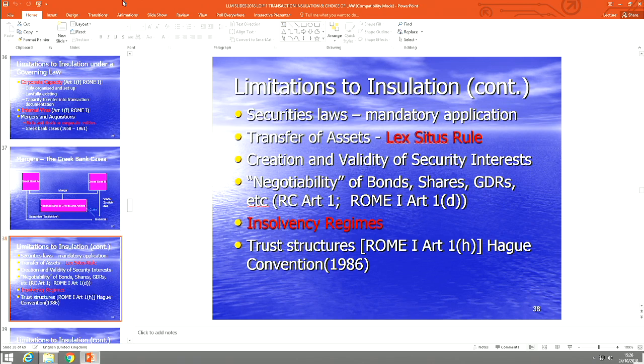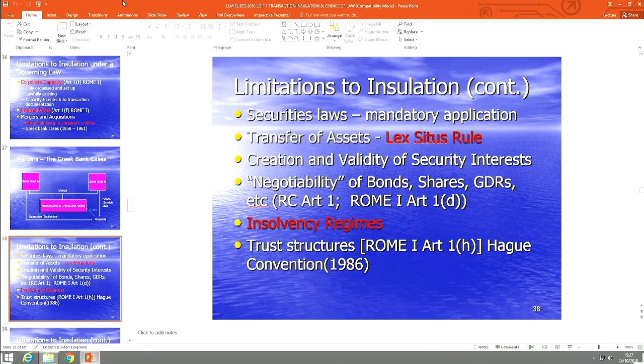Then there's the applicability of securities laws in relation to securities transactions like bonds, MTNs, GDRs, etc. Then you've got the most powerful overriding law, which overrules entirely any decision that you can come to on the basis of the chosen law, and that's insolvency.